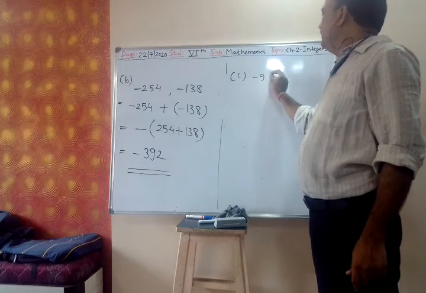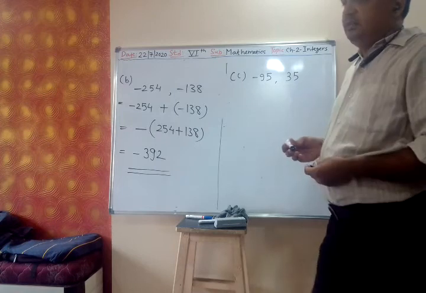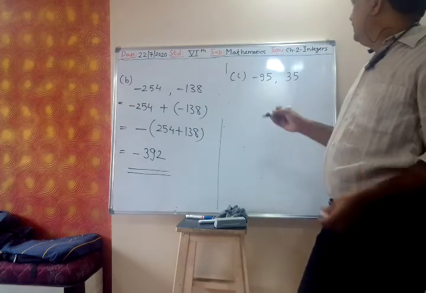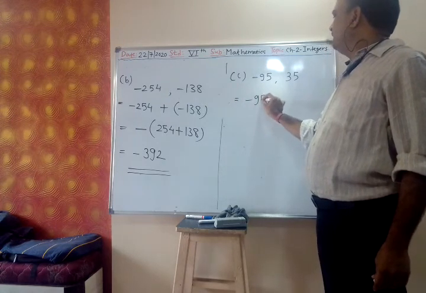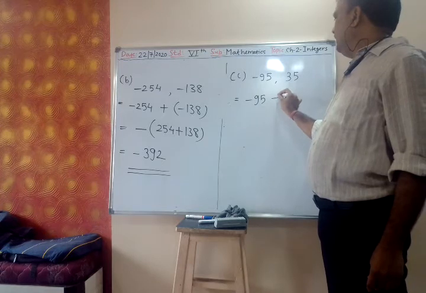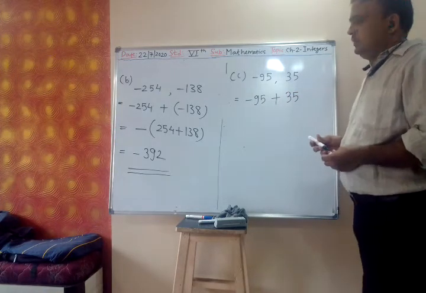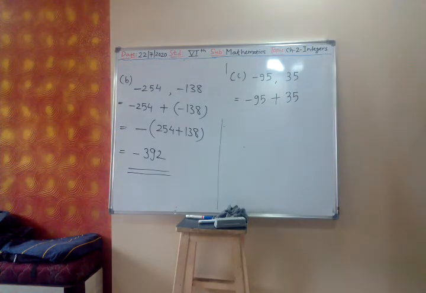This I will not give as homework. Minus 95 and plus 35. So we write minus 95 plus 35.